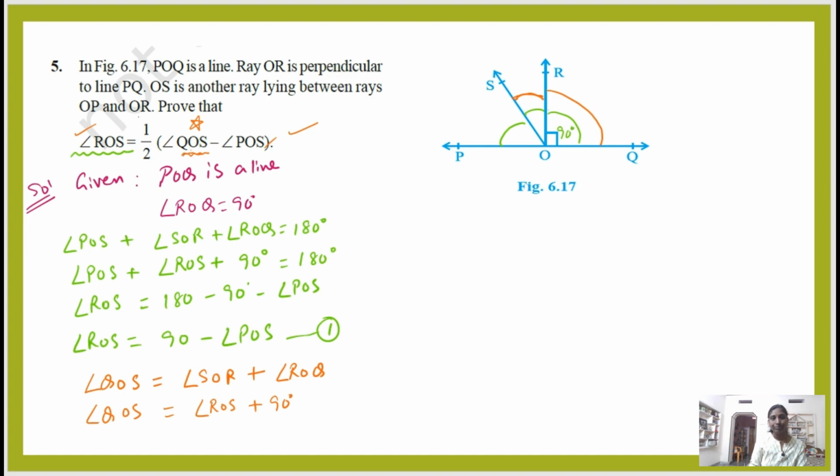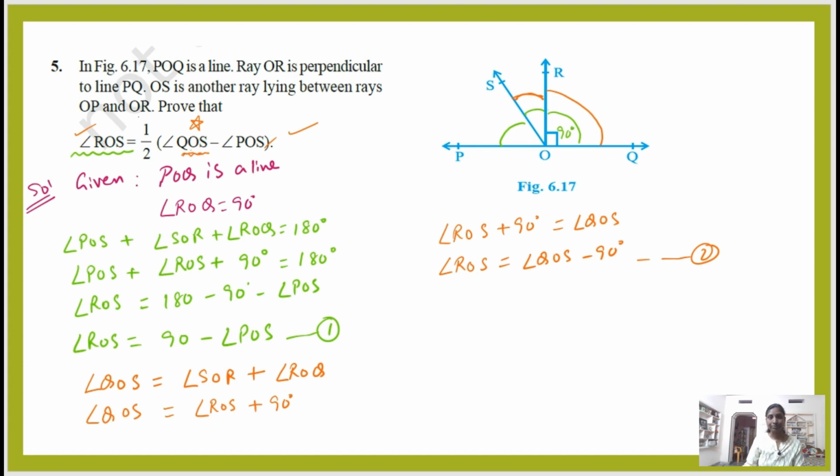So now I will write the left hand side on the right and the right on the left. I can write it like this also: angle ROS plus 90 degrees is equal to angle QOS. I have just interchanged the sides. Now angle ROS is equal to angle QOS minus 90 degrees. Now name it equation number 2.